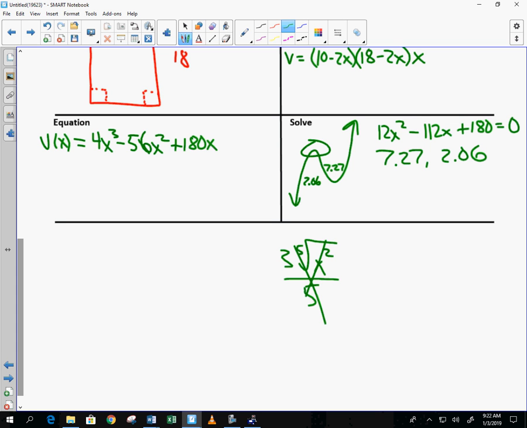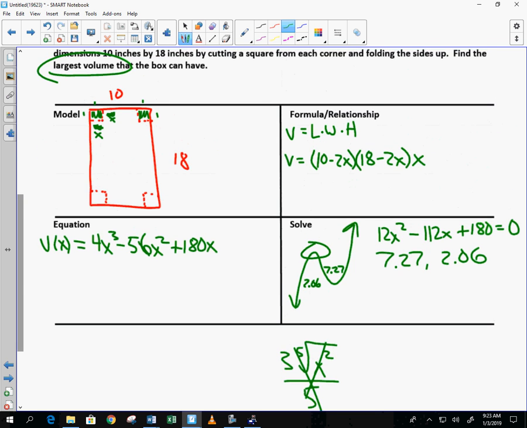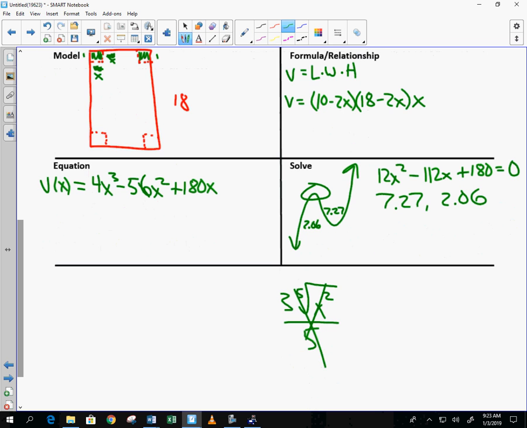Okay. Does that answer my question? What's the question asked for? The largest volume. What we found is the size of box that we should cut. We should cut a 2.06 inch square off of each corner. So what do I do to find the volume? Plug it into what? Into the volume formula.